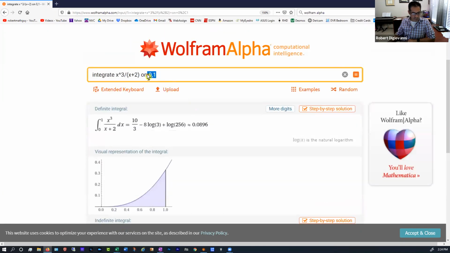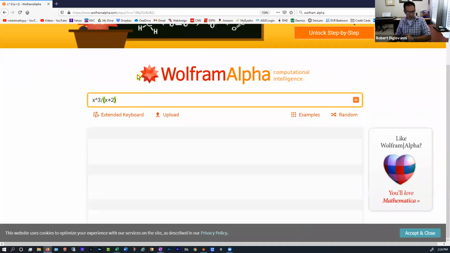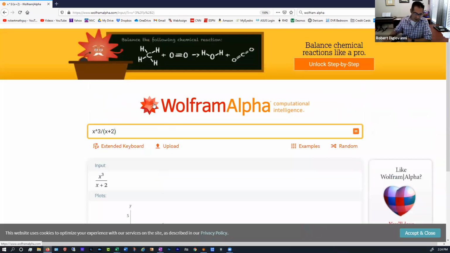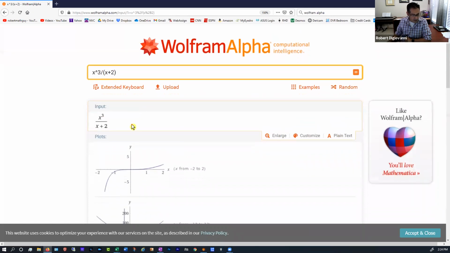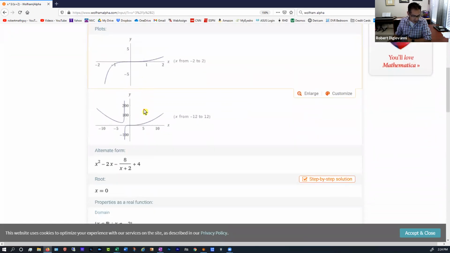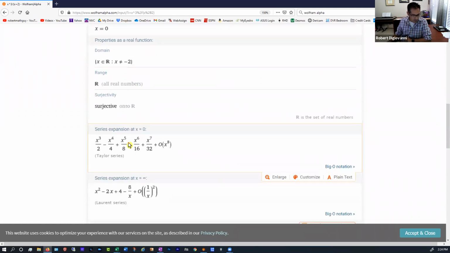Also, if you just forget the integrate, take it out completely and just type in that function right there. If you hit enter, this is mind-blowing about Wolfram Alpha. This technology was not here when I was in Cal 2. So here's the function, right? If you just scroll down a little bit, look at that. It gives you the power series.